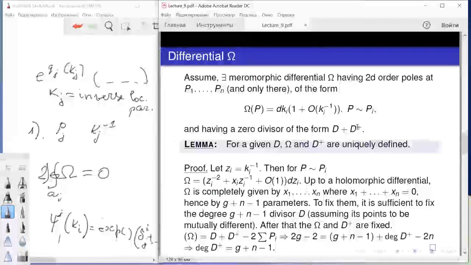Let me call this divisor d cross, not d plus. It's kind of more usual to tell d cross. Okay.